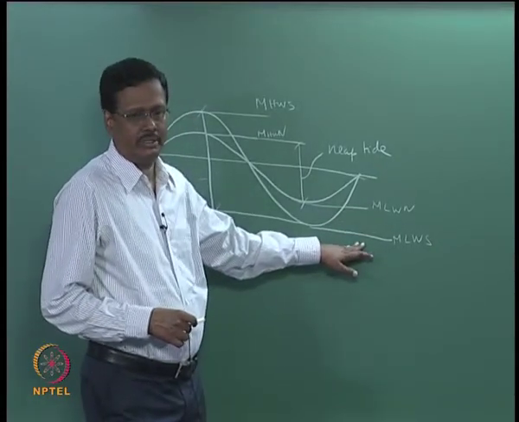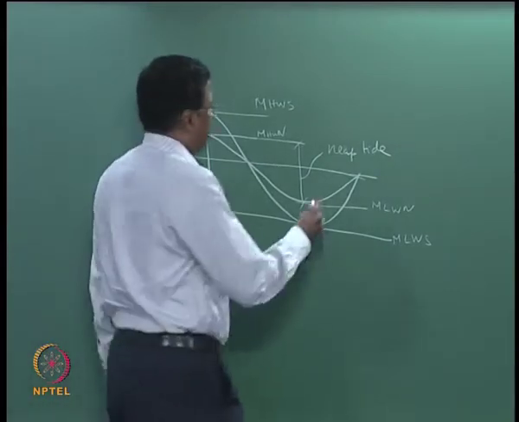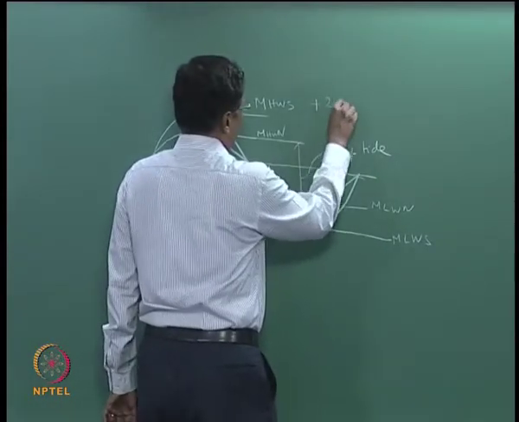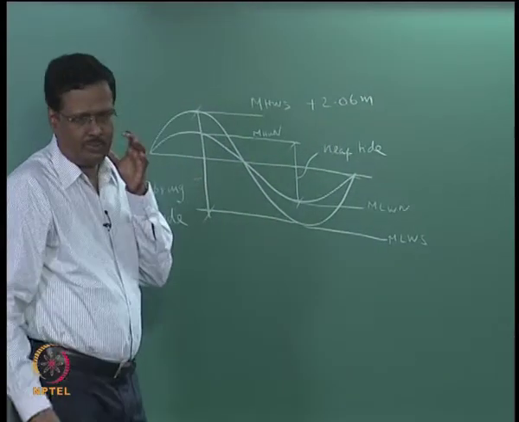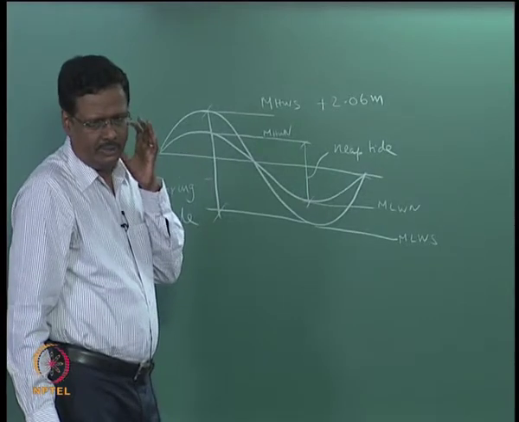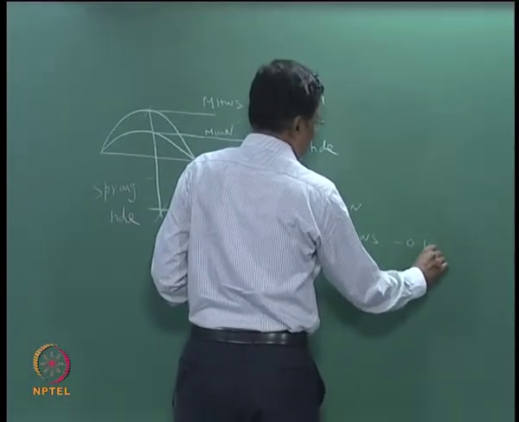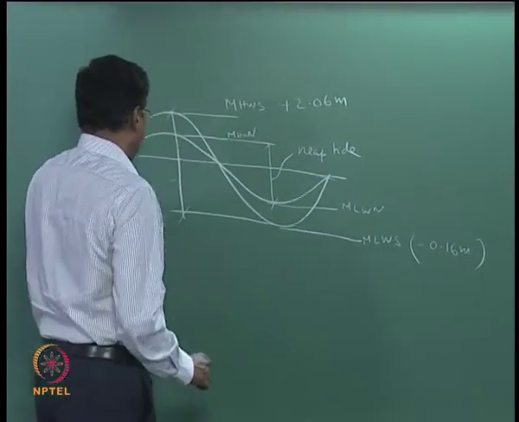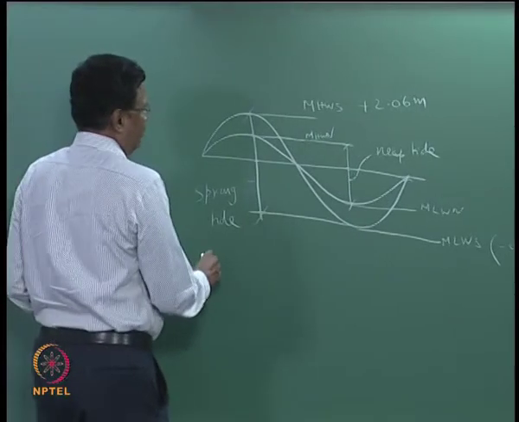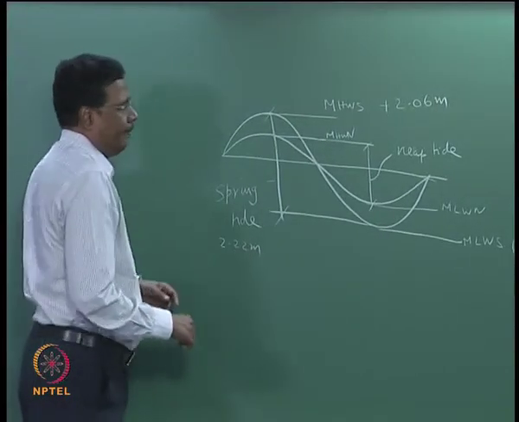So in this case mean high water spring is given as plus 2.06 meters and the mean low water spring is given as minus 0.16. So that will give you a spring tide range of 2.22 meters.